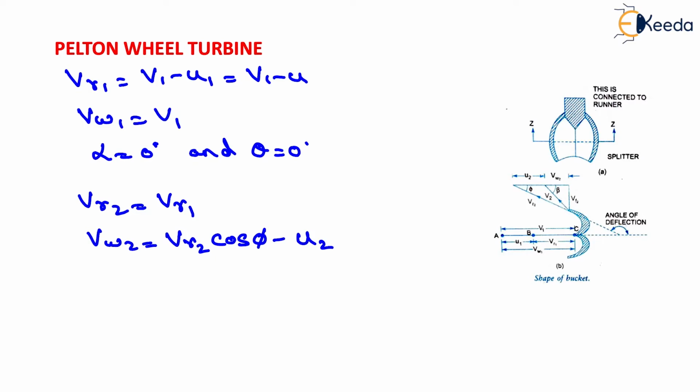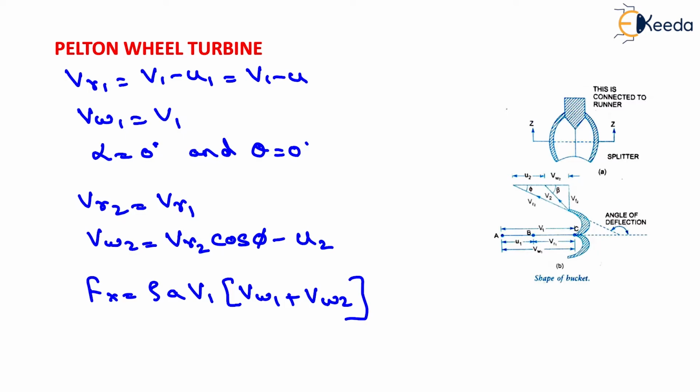The force exerted by the jet of water in the direction of motion will be equal to Fx equals rho into a into V1 into (VW1 plus VW2). As the angle phi is an acute angle, the positive sign should be taken.